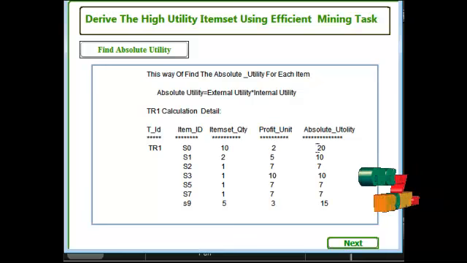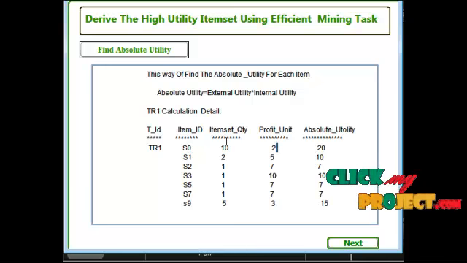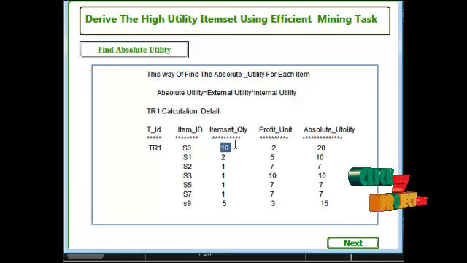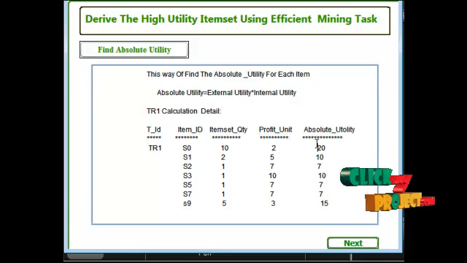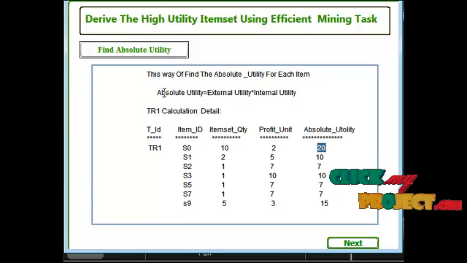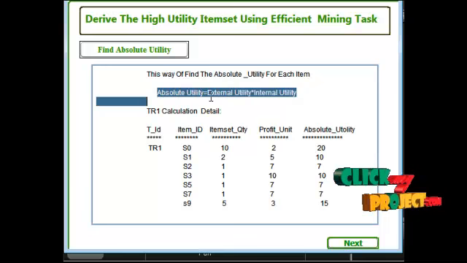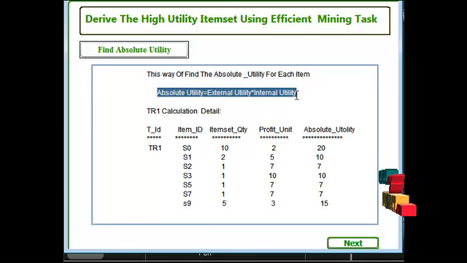We get the absolute utility of 20 because S0's profit unit is 2 and the purchased quantity is 10. Following this formula, the absolute utility is equal to the external utility times the internal utility.